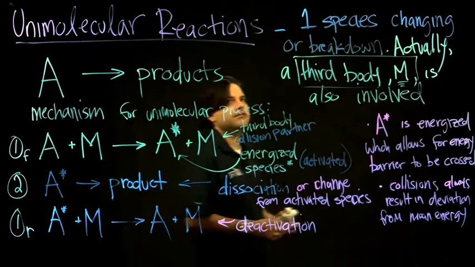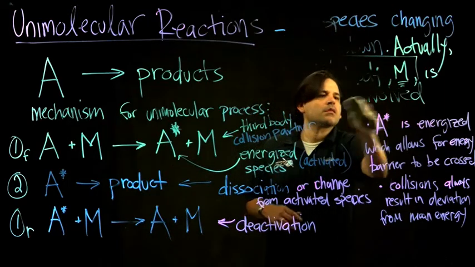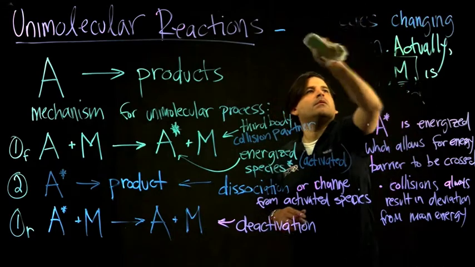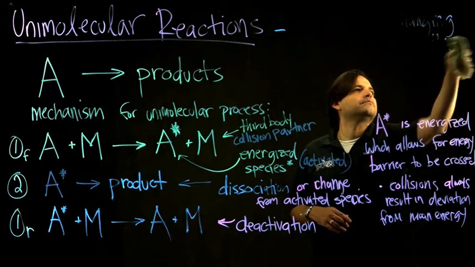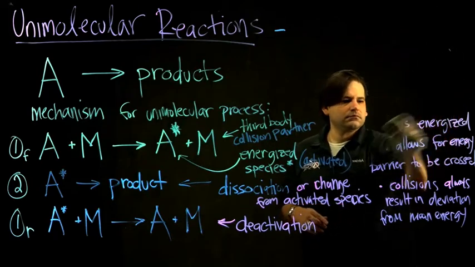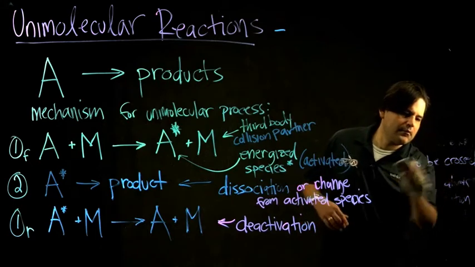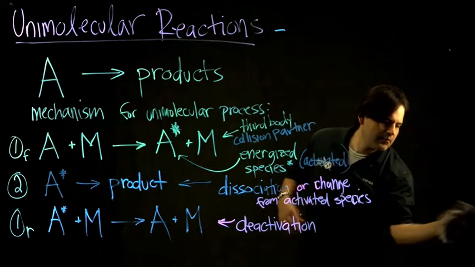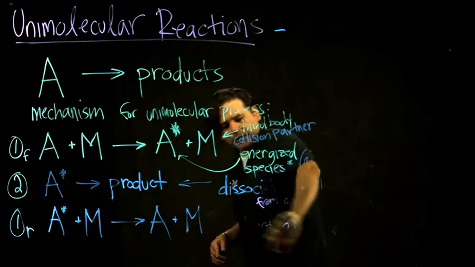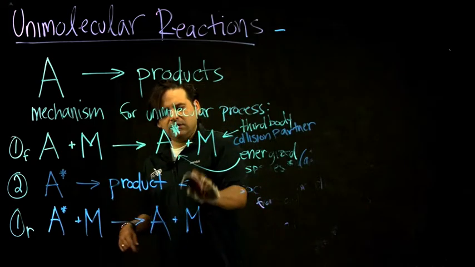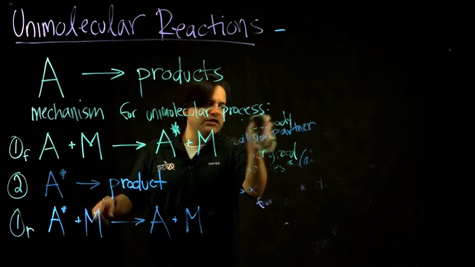Let's start to analyze this. What we're going to do is use the laws of mass action to keep track of destruction and production of A, and production and destruction of this A star, this activated species.